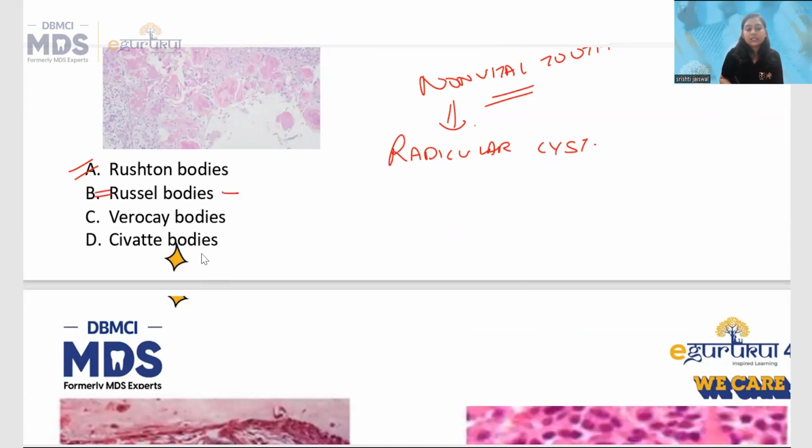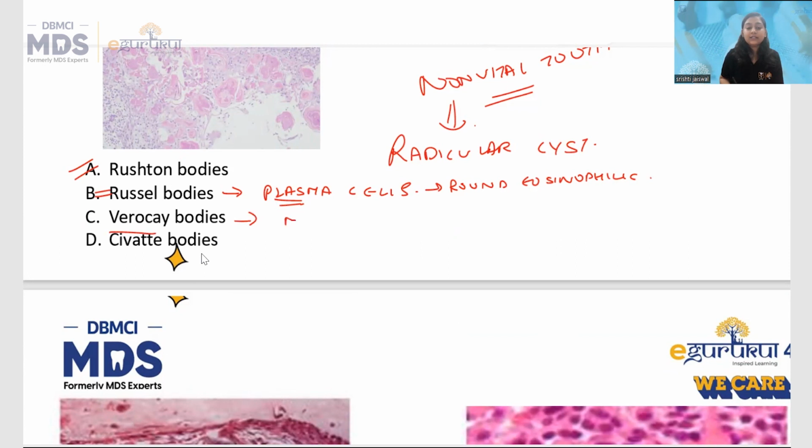So what are the Russell bodies? These are plasma cells. What are these? These are collections of immunoglobulins. These are also round and eosinophilic. Verrucay bodies.